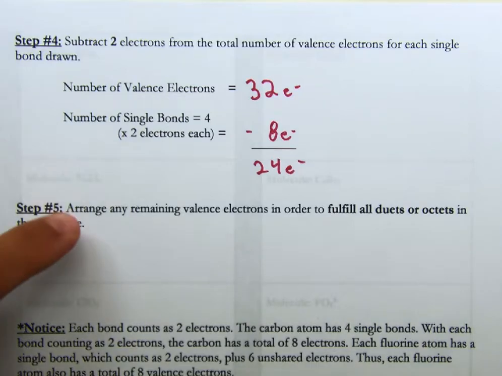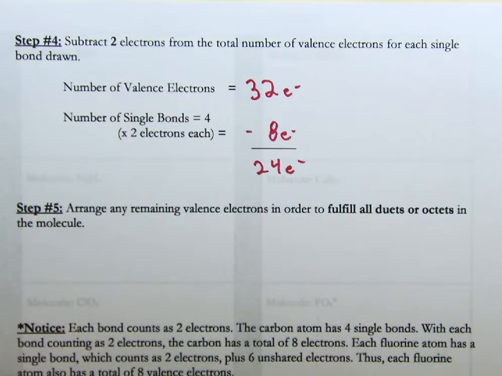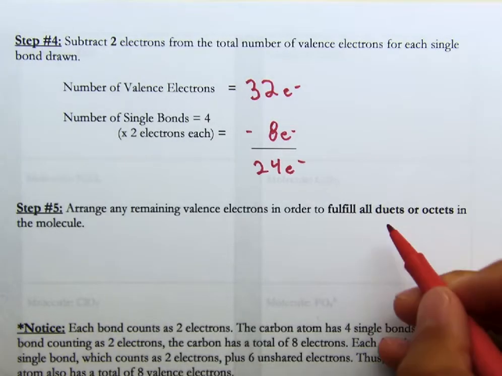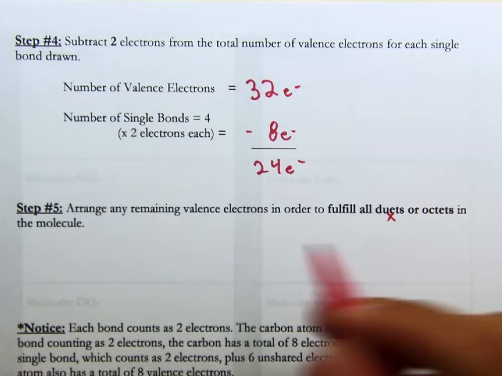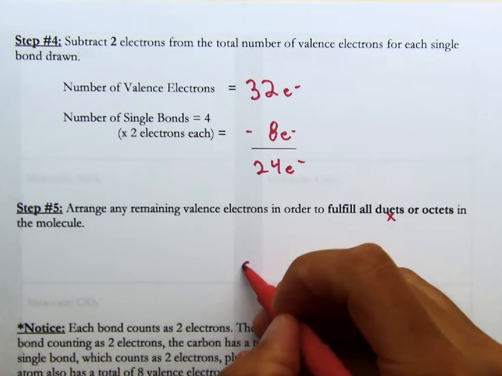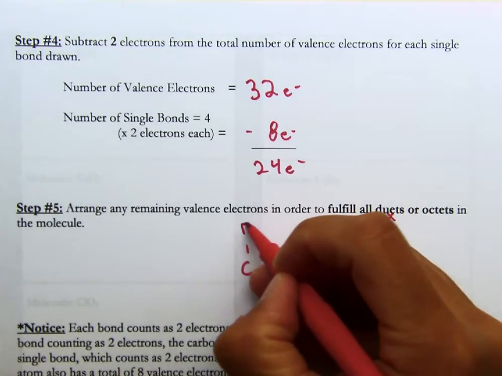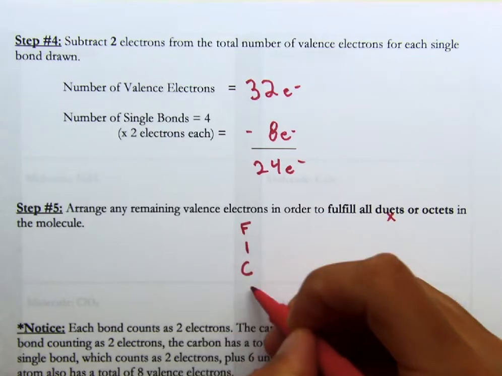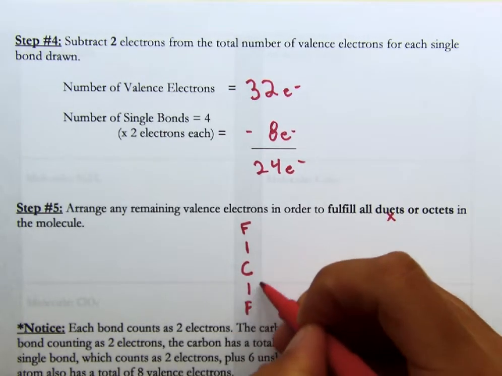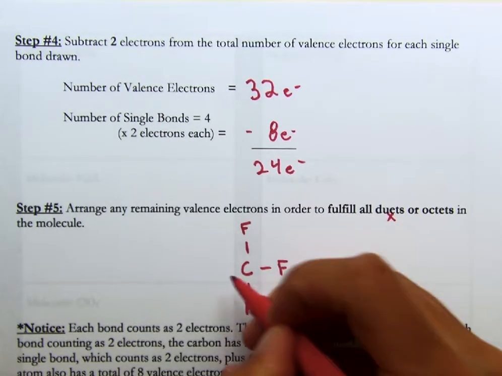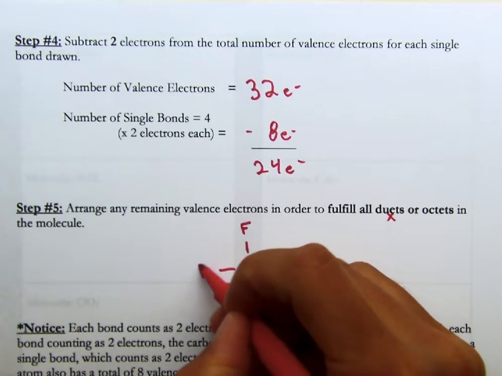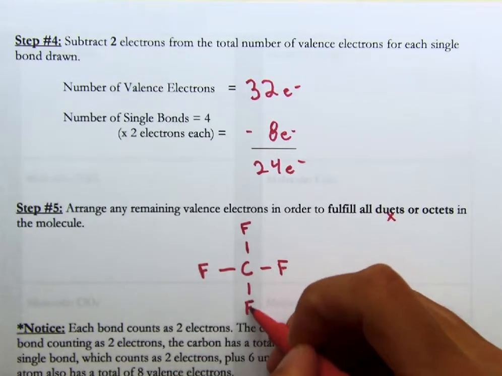And this says arrange any remaining valence electrons in order to fulfill all octets and duets. Now we don't have any hydrogen, so we're not going to have any duets. It's just going to be octets. So we have carbon, and it's single bonded to fluorine on 4 sides, just redrawing what I had on the last page.